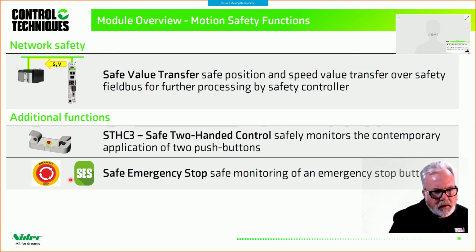This is the other function that I'm going to be using tomorrow, which is a safe emergency stop. Every machine has an emergency stop button, so this function monitors the emergency stop button, and that's what I will be showing you in the application we're going to do tomorrow.